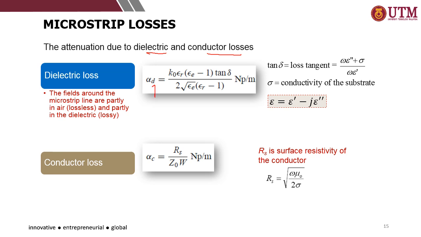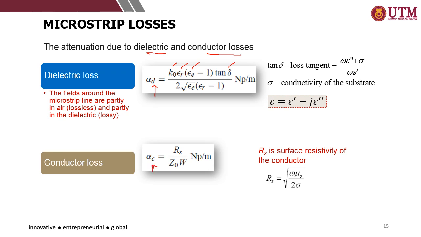D is for dielectric, and you can estimate the losses by using this equation. So you have the wave number, relative permittivity, effective permittivity or dielectric constant, and the loss tangent.